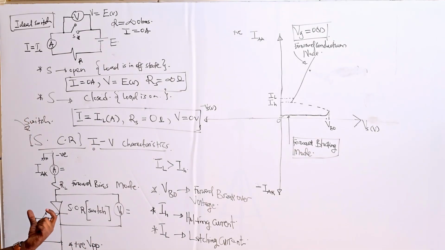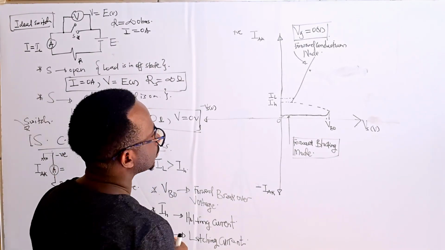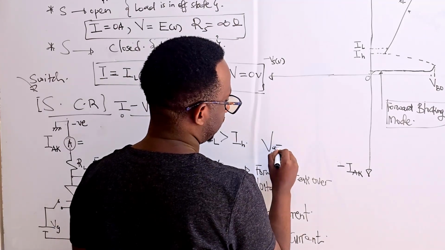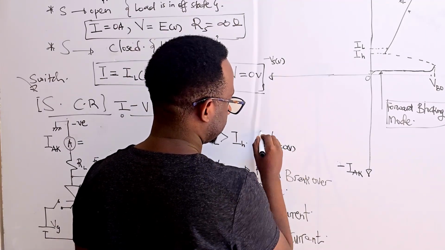Let's reverse bias the circuit, still with VG equal to 0 volts.